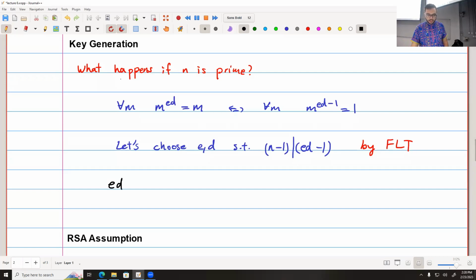It means that ED minus 1 is equal to 0 modulo N minus 1. Right? But I can just bring the 1 to the other side. So this just means that ED is equal to 1 modulo N minus 1.